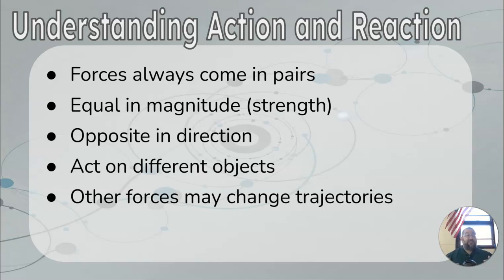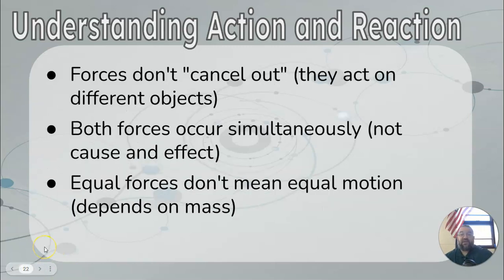But I apply a different force and I move. Now, I say I'm not moving, relatively speaking. That's because the Earth is moving. Would you agree with that? So technically, I'm still moving with the rotation of the Earth, and depending on which latitude you're at, that might be a different speed. All right, so let's take a look at the next slide here.